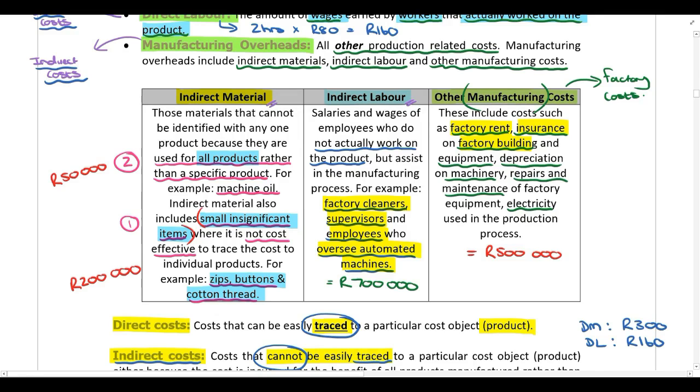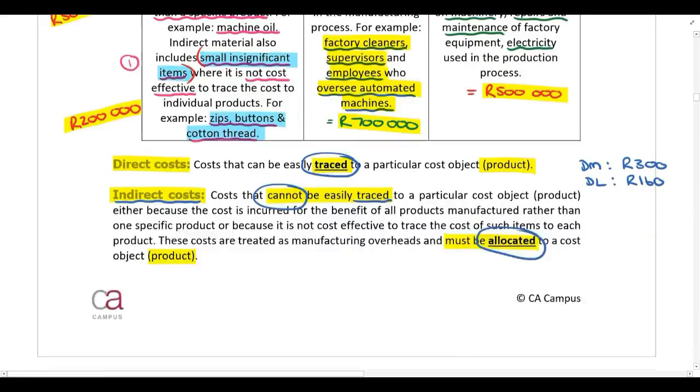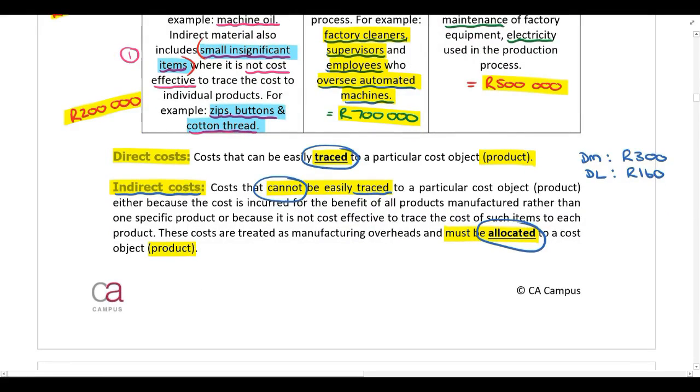So we said that indirect costs can't be traced to a particular product. Instead, we need to allocate the cost. So what we do is we add together our total manufacturing overhead cost for the year. So add together all of these costs over here. That is going to give me a total manufacturing overhead cost of 1,450,000 Rand for the year.